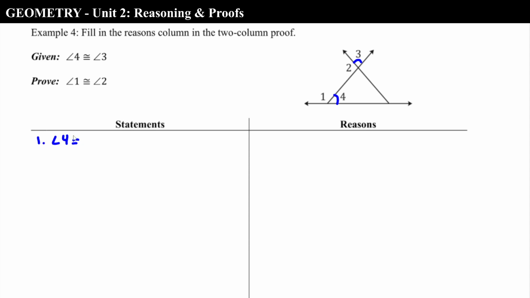You're just going to write it down exactly the way it is, and the reason here is it's given. So if we know that angle 4 is congruent to angle 3, we know that the measure of angle 4 is equal to the measure of angle 3. And that comes from the definition of congruent angles. Or if you just want to say definition of congruence, that's fine too.